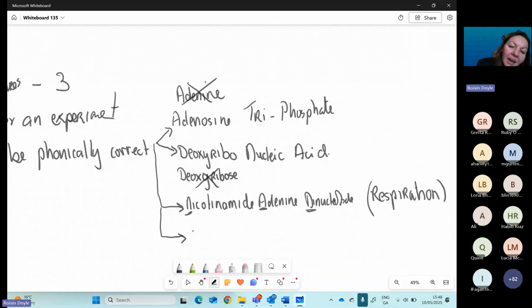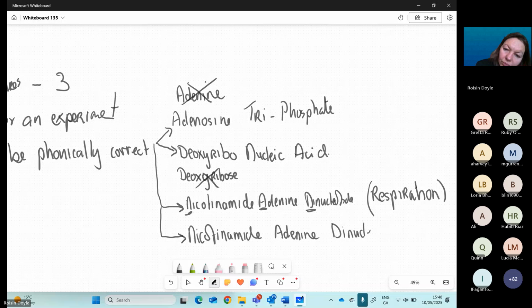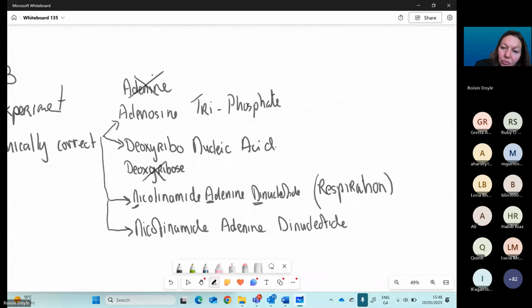And then we have NADP, nicotinamide adenine dinucleotide phosphate. That's what the letters NADP stand for.